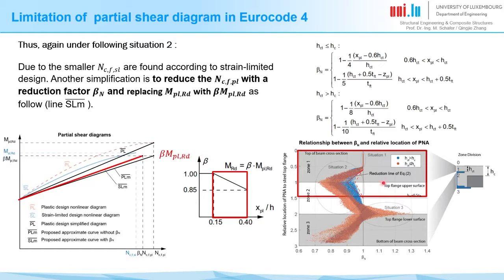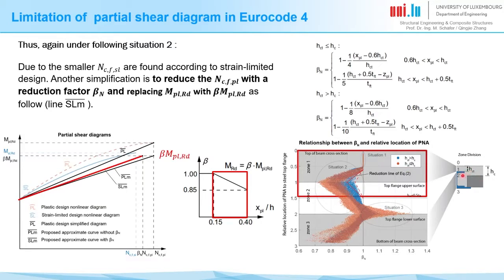Thus, we have calculated the beta n values based on the boundary length of the data, as shown here in these equations. As you see here, there are two lines, and you may ask why. The orange dots represent the situation of HCT smaller than HC.